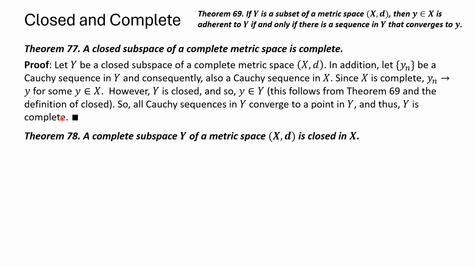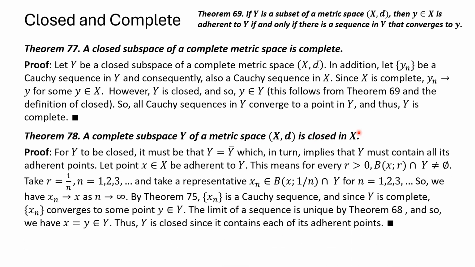Then we can go in the other direction. A complete subspace Y of a metric space is closed. Let's prove that. And first note that for a set to be closed, it must equal its closure, and that in turn means that it must contain all its adherent points. That's just definition.